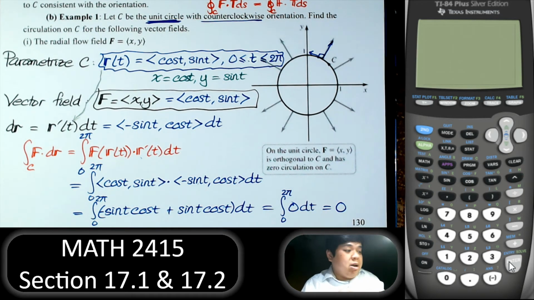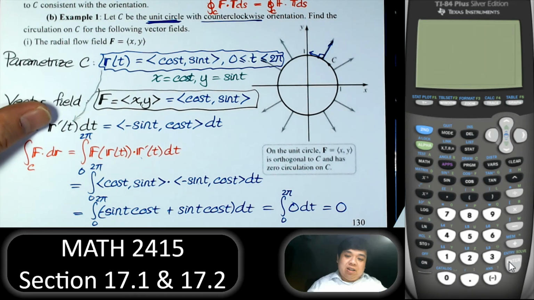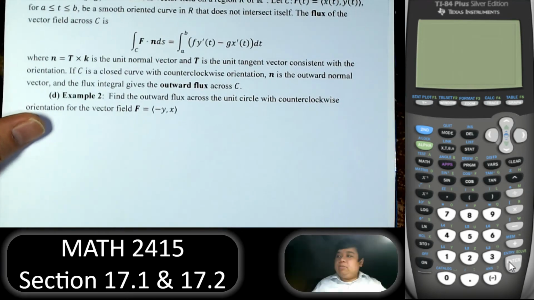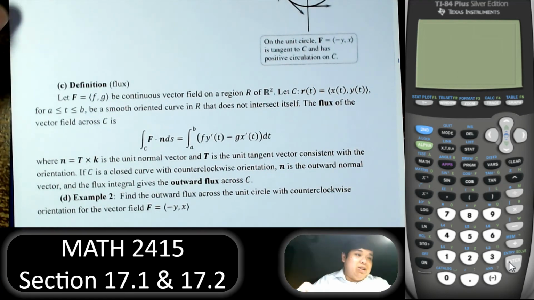That makes perfect sense, because that's the reason we call this the circulation, right? We go around, whereas the vector field points from the center out, so they're orthogonal, and that will be equal to 0. That's the reason we call it the circulation, because that just goes around.